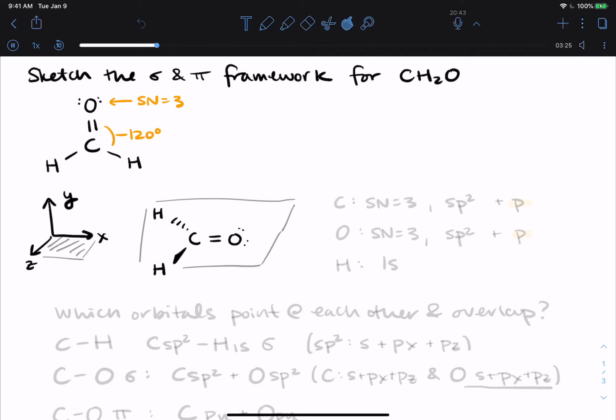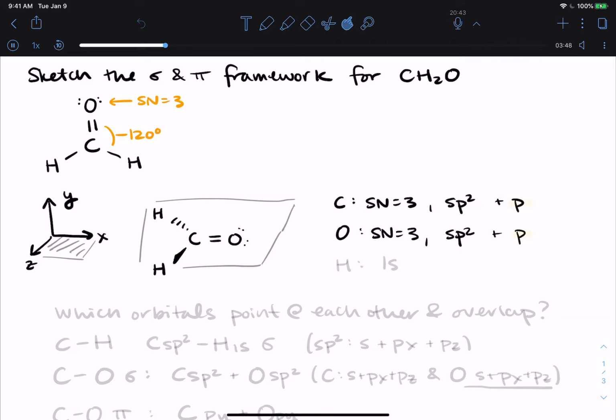So let's see what we got here. First, on carbon, my steric number is 3. So I'm going to make sp2 hybrids, and I'll have a p orbital left over. For oxygen, my steric number is also 3. So I'm going to make sp2 hybrids, and I'll have a p orbital left over.